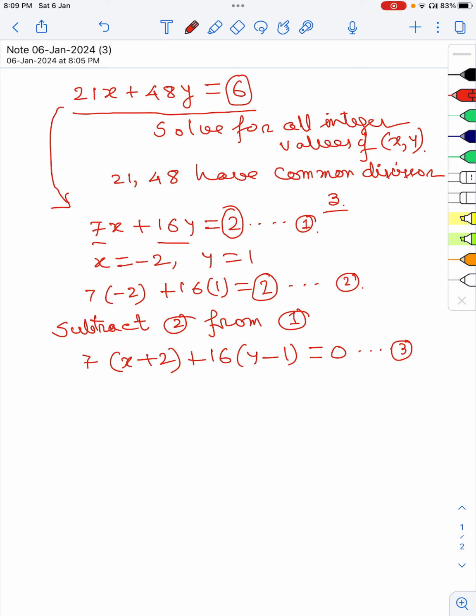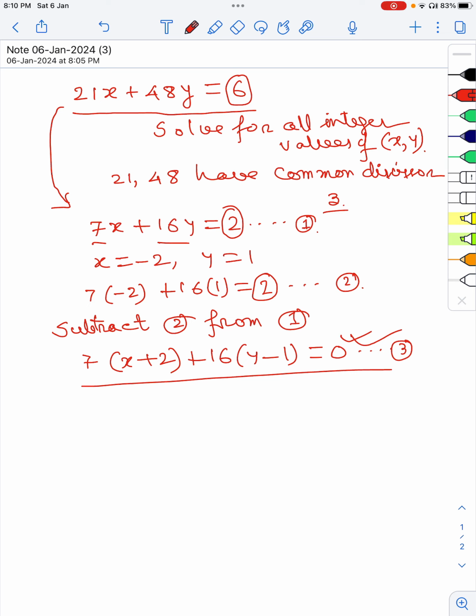Now just observe this relation, 7 into x plus 2 plus 16 into y minus 1 is equal to 0. Here the right side is 0.